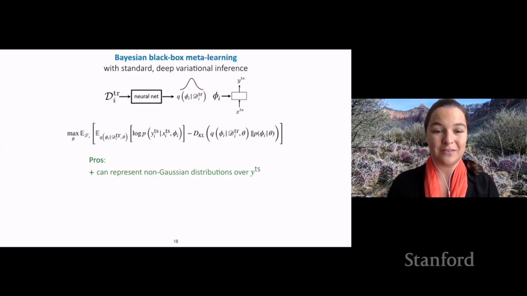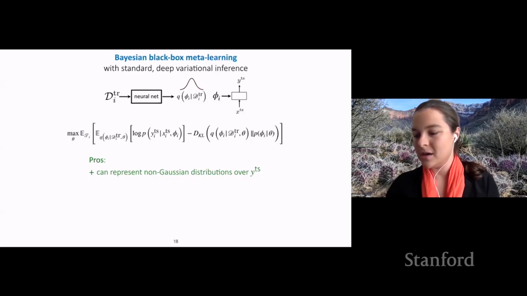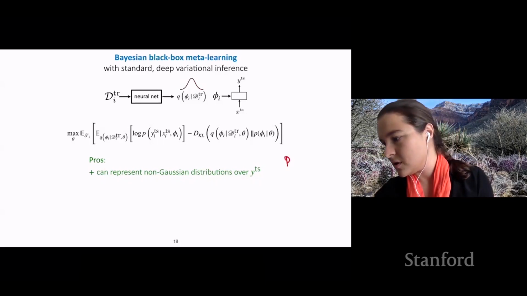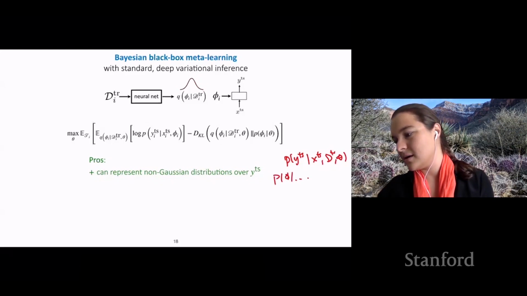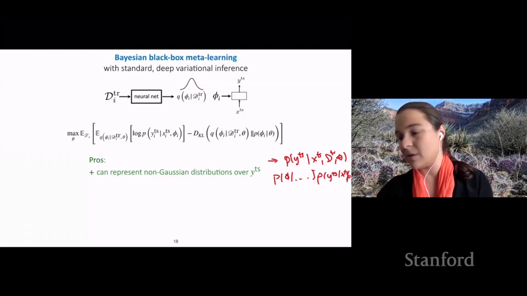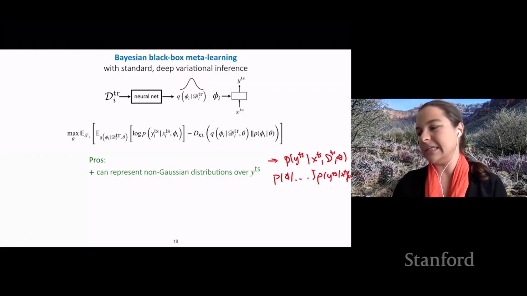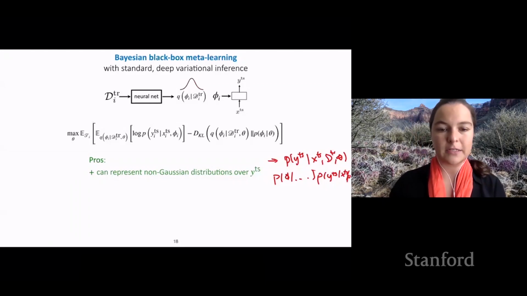You're never actually explicitly representing the distribution of y-test given x-test, d-train, and theta. Instead, you're first representing p of phi, and then you're representing p of y-test given x-test and phi. Because you don't have to explicitly represent this, that makes it easier to represent more complex distributions.